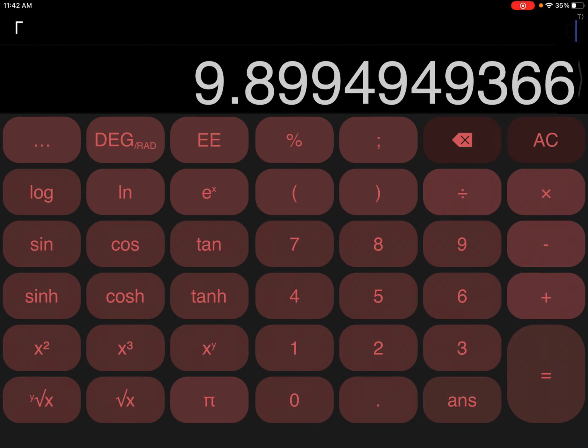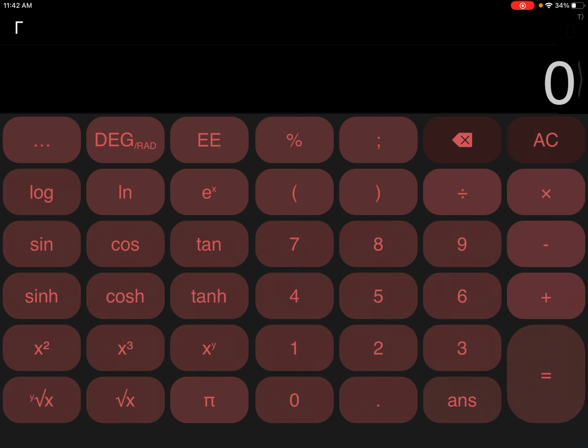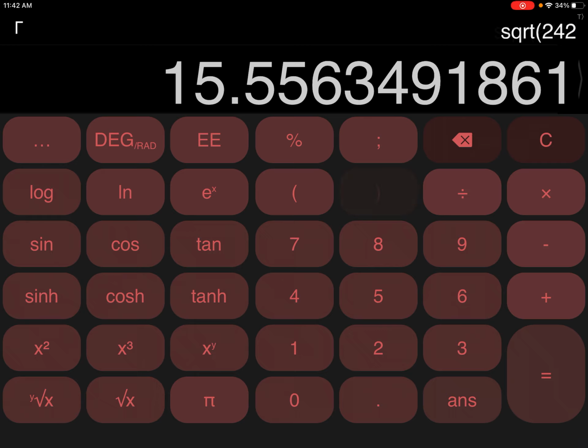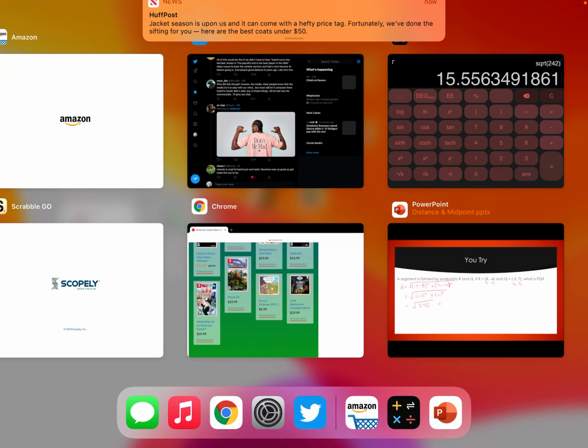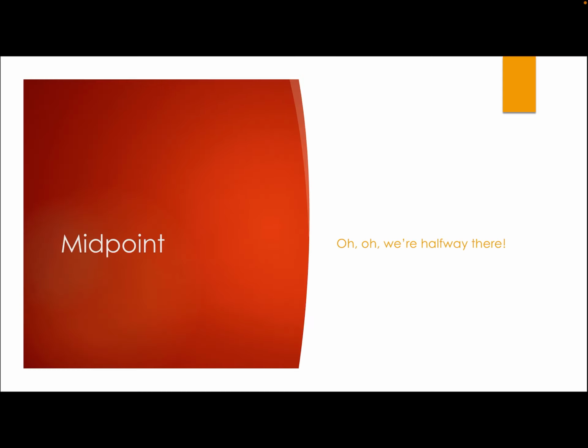Square root of 242 is 15.56, rounding to 2 decimal places. All right. And so then now we're moving on to midpoint.